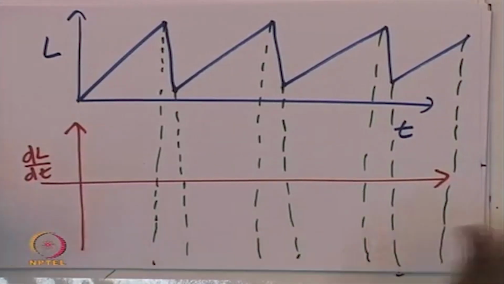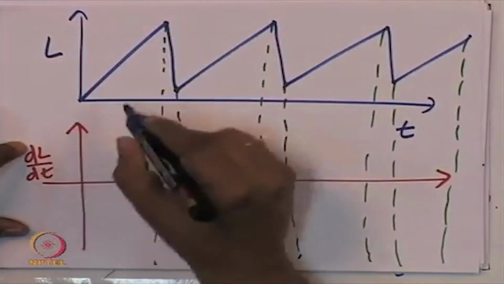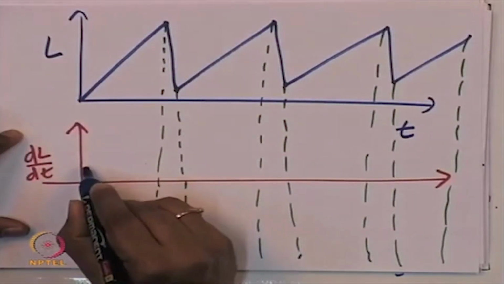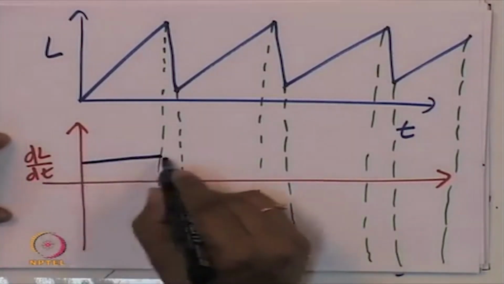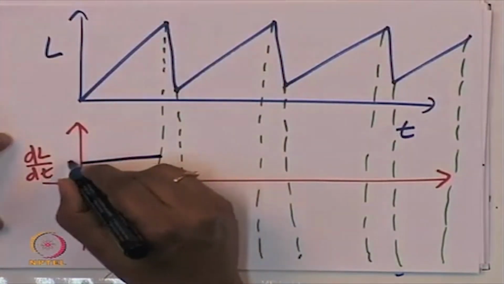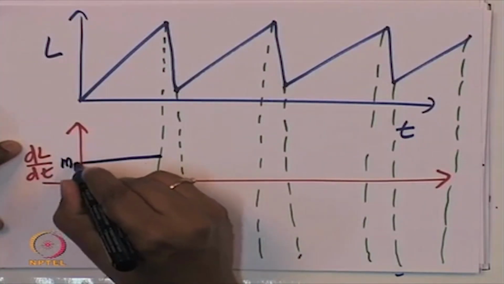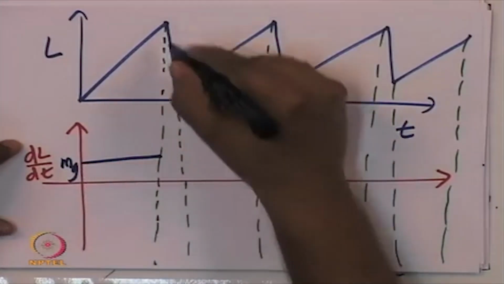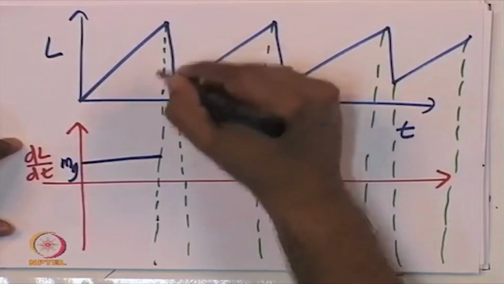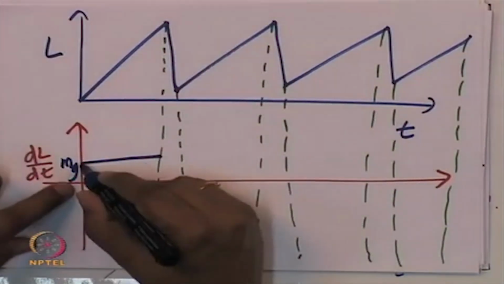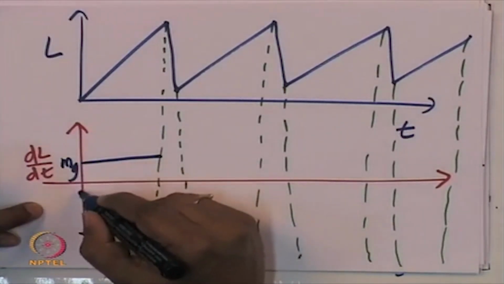Okay. Now, as we said, this part is a straight line, y is equal to mx plus c. So, this is a positive number, one constant, and this value, as we said, can be, let us say, mg, some growth. Now, this is shrinkage, which has a negative slope, but much larger than this.